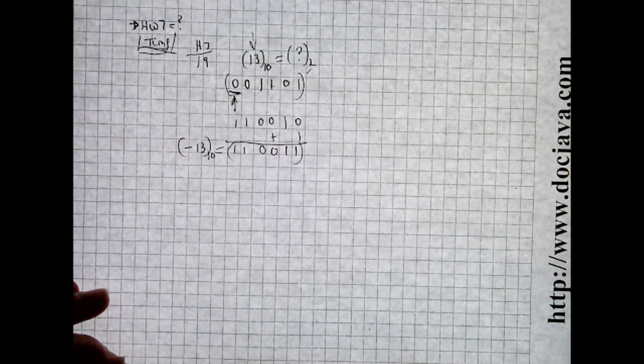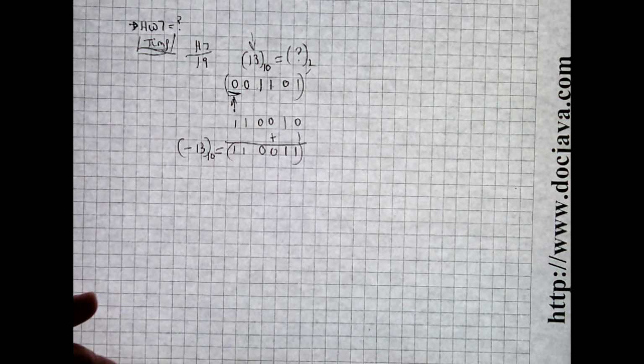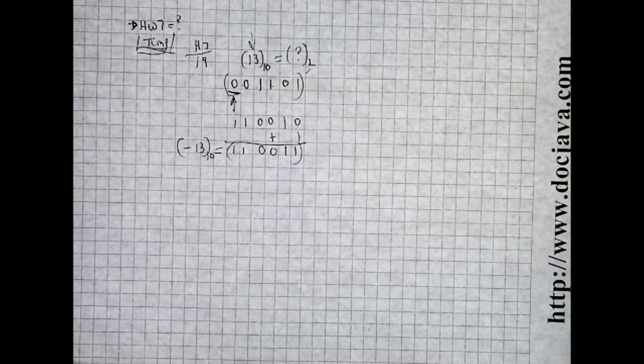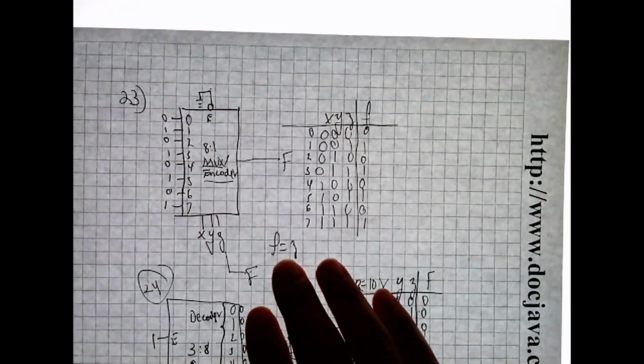Sorry, what did you just say? 23. Okay. Didn't we just do 23? Yeah, we just did 23.